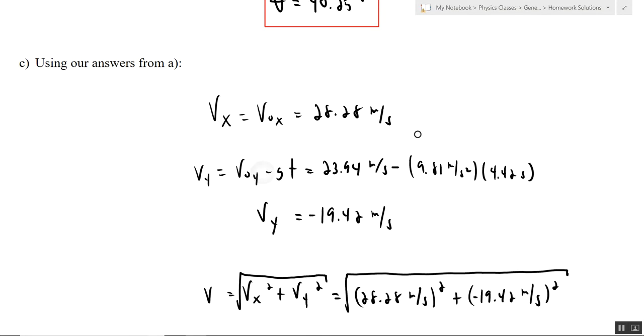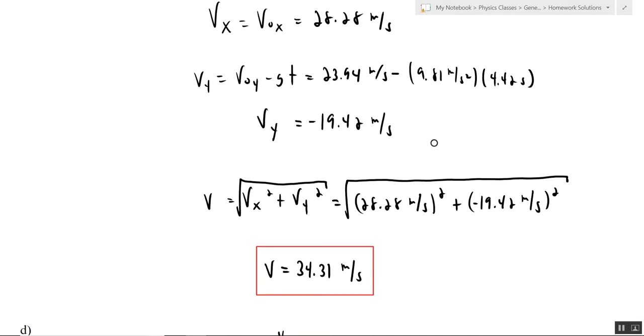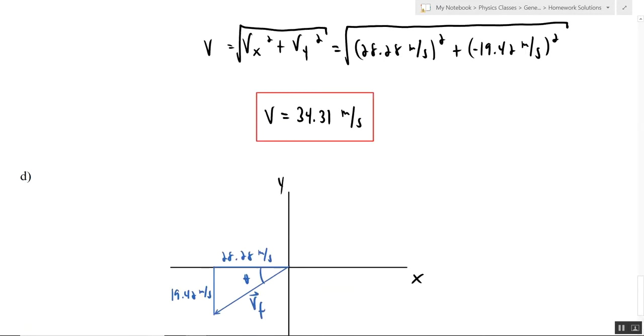So it's the initial velocity, which we found in the part before, minus g times the time it's in the air, the time until it hits the ball. So it's negative 19.42 meters per second. And then if you know the x component and the y component, you can square them, add them together, take the square root. That gives you the speed that it hits the other ball at. So it's hitting the other ball at 34.31 meters per second.